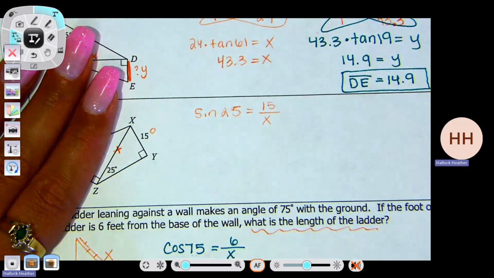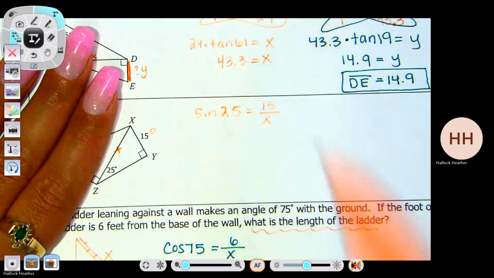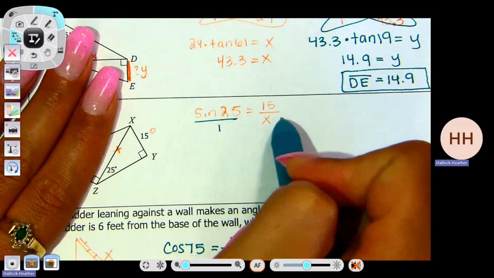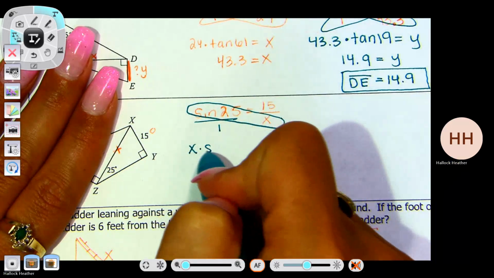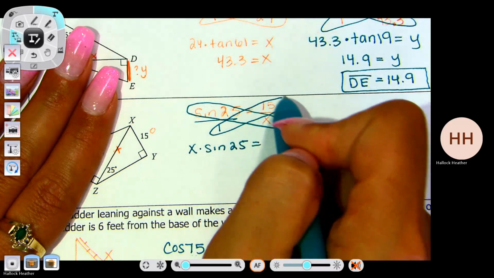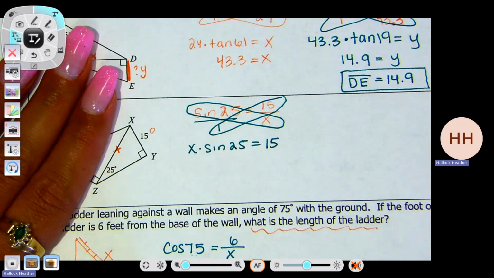We're going to find that missing length. So this is an old problem. You put it over 1, cross multiply.